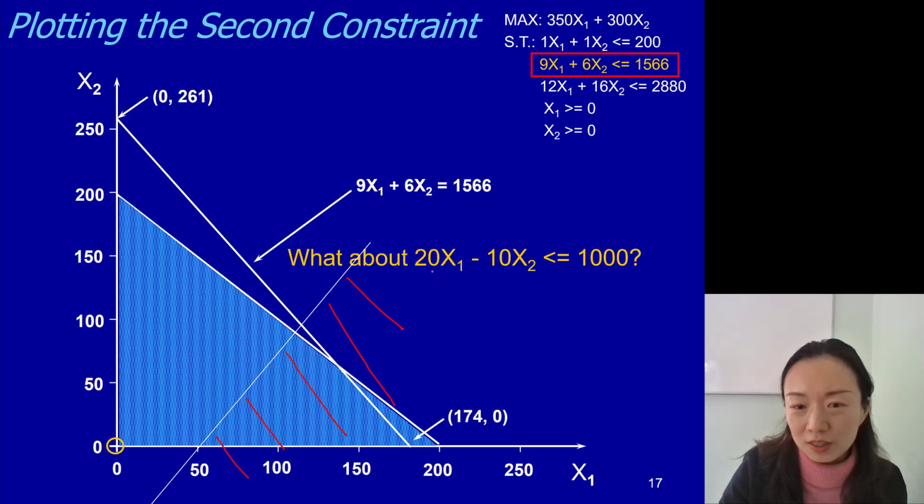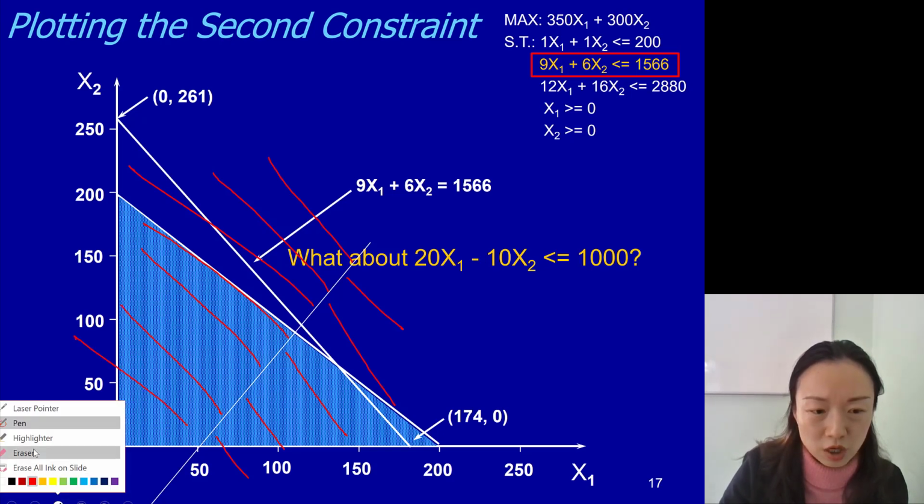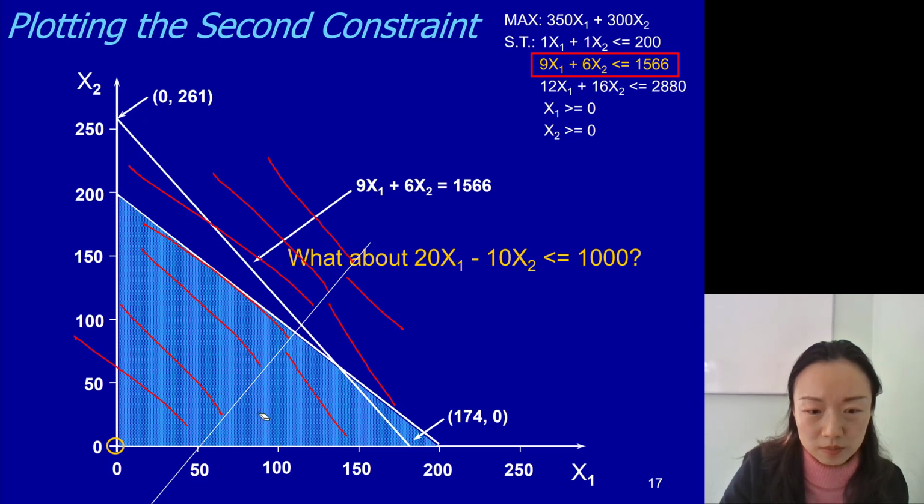So if we change the sign, it would be 10x2 subtract 20x1 greater than equal to negative 1000. So it will be changed to a greater than equal to constraint. So actually we should shade above this area here. We would not shade under it, even though it's less than equal to constraint.